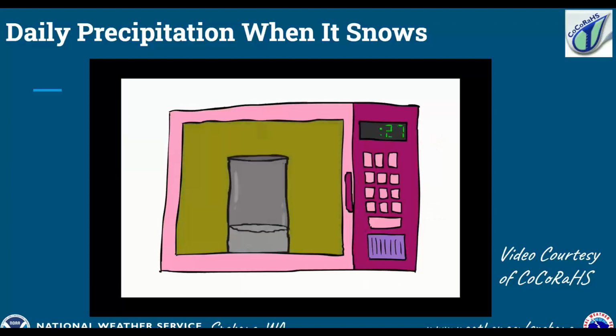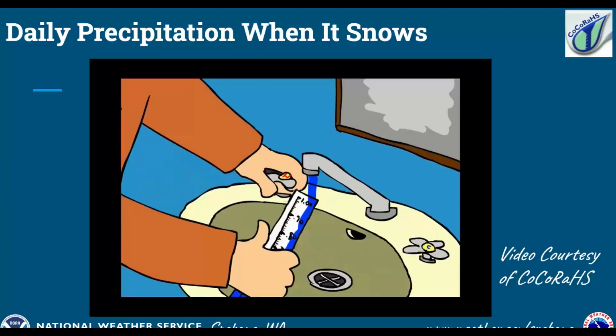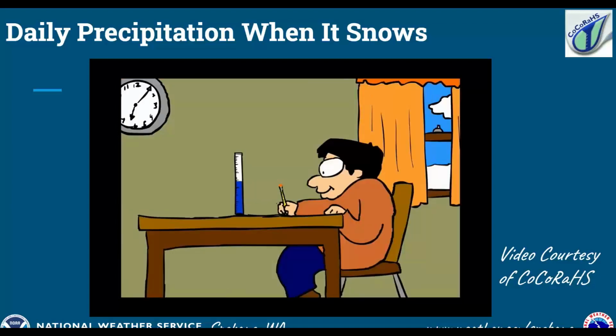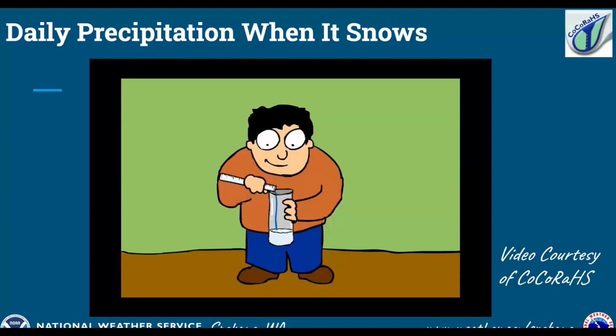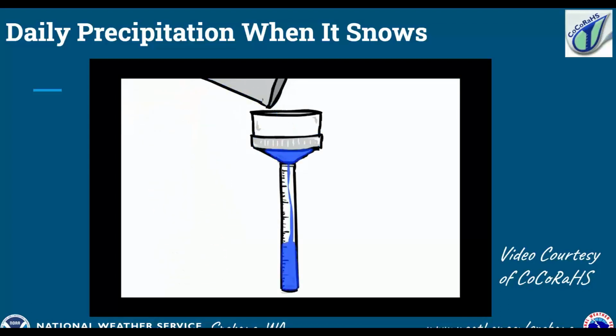Now, we don't really want to put it in the microwave or next to the heater, because that is just not wise. The best thing to do is to add warm water to the gauge and measure it out in your smaller inner tube. Keep in mind how much liquid you add, because then there's going to be some math at the end to subtract that from the total.